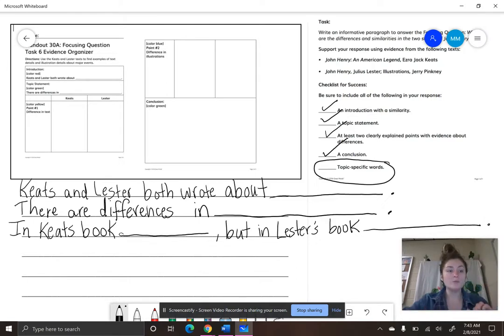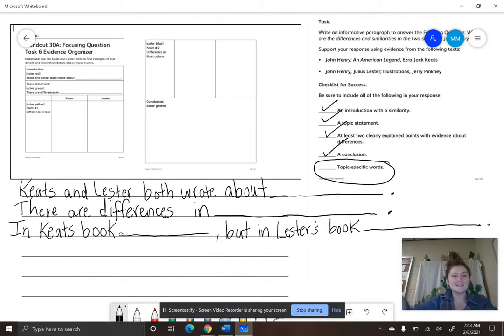Okay, so for point 1, look back at your evidence organizer for point 1. What was different in Keats' book and Lester's book? How was the day that John Henry was born different in Keats' book and in Lester's book? Okay, so you are going to complete those sentences. Do not forget to use those conjunctions. Those topic-specific words, Keats and Lester's talking about those versions.